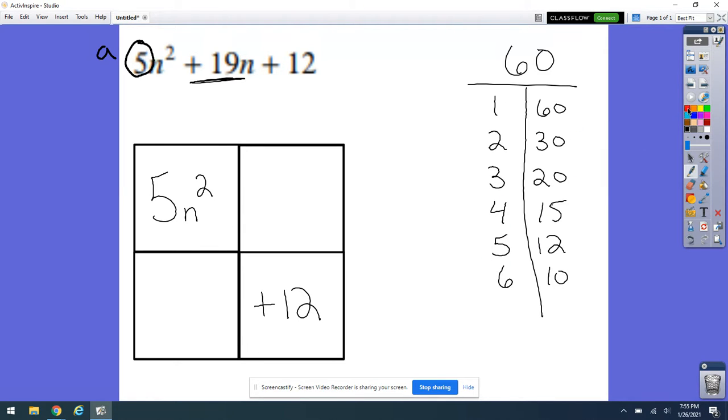Now, I'm going to take a look at this symbol here, and this tells you what type of signs you're going to have. If this is positive, then that means both factors have the same sign.